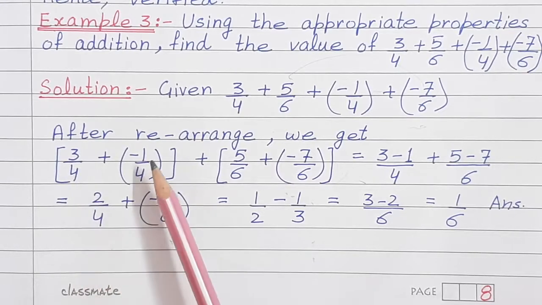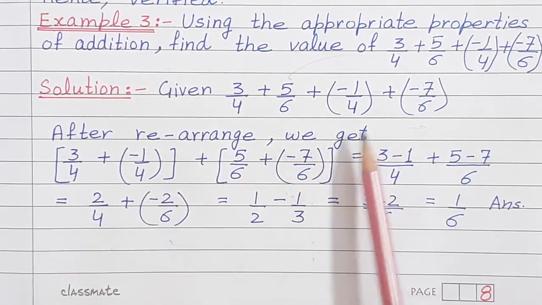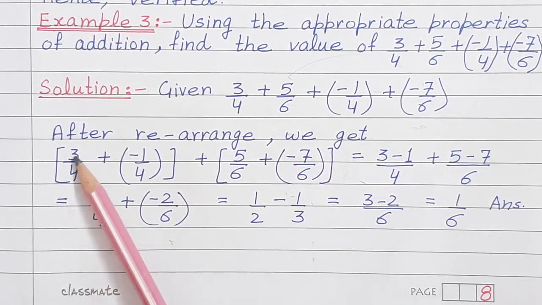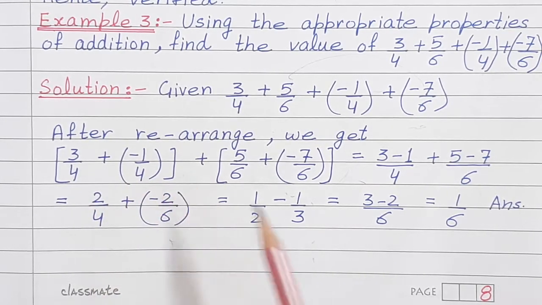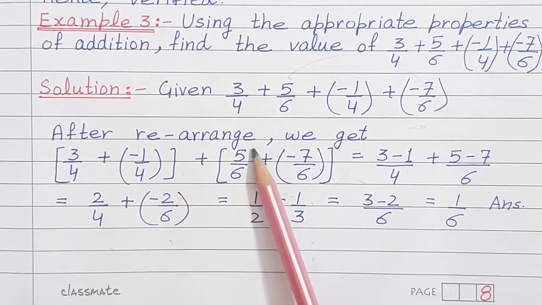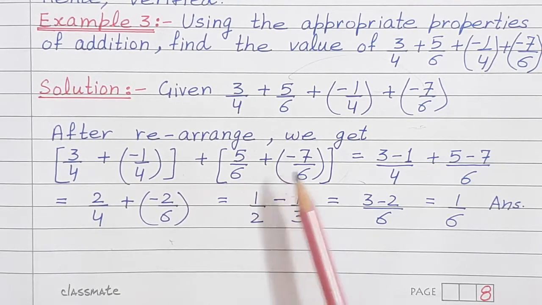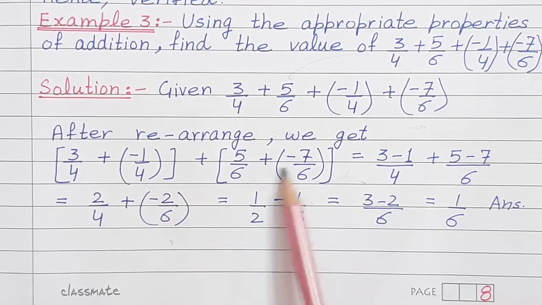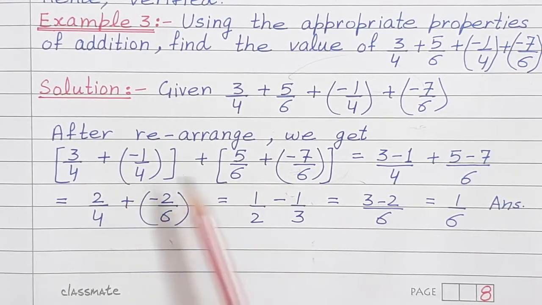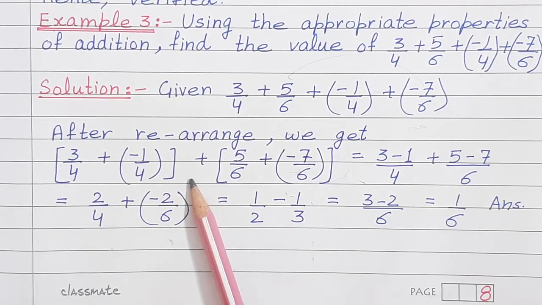So after rearranging them, we will get 3 upon 4 plus minus 1 upon 4 in one bracket and 5 upon 6 plus minus 7 upon 6 in another bracket, and we will use the sign of addition in between the two brackets, which is very important, right?